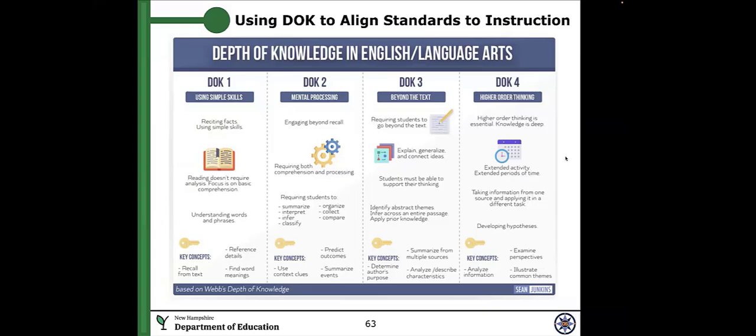Depth of knowledge 4 usually has to do with generating some sort of original thinking. It can be extended over time, but it always pulls from a variety of areas and generates new thinking. Reading, writing, speaking, listening, all of those pieces are integrated for depth of knowledge 4.